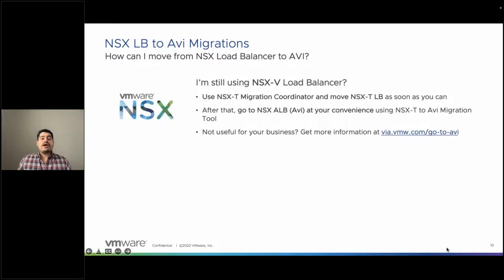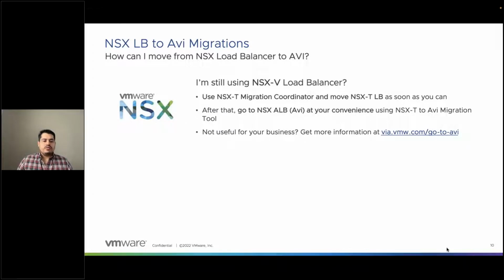So what if I'm using NSX-v now and I have a bunch of virtual services configured there? Okay, you should use the NSX-T migration coordinator. That is a tool that comes with NSX-T to move all your configurations and your services to NSX-T from V to T. So are you moving only the load balancing configuration with that?